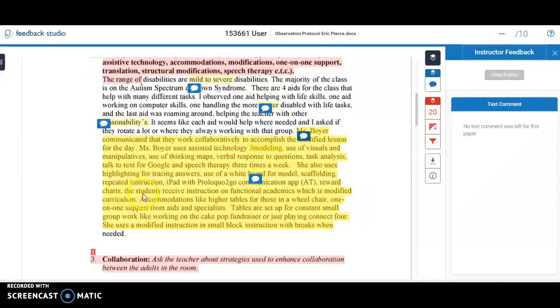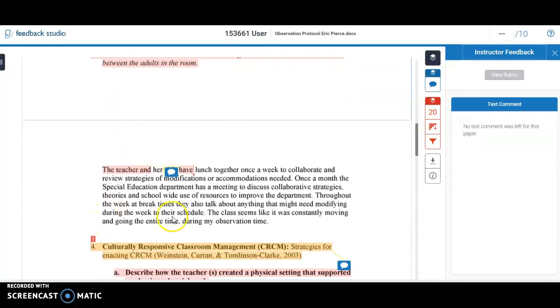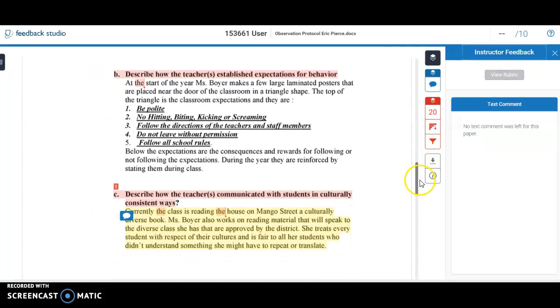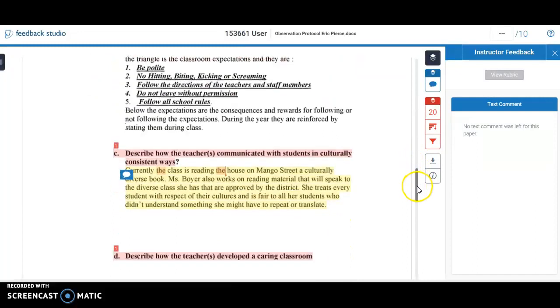She uses reward charts, the students receive instruction on functional academics, which is modified, collaboration, etc. Moving down to the teacher. So I didn't have any problems with that section. Had problems because it was copying again the questions.